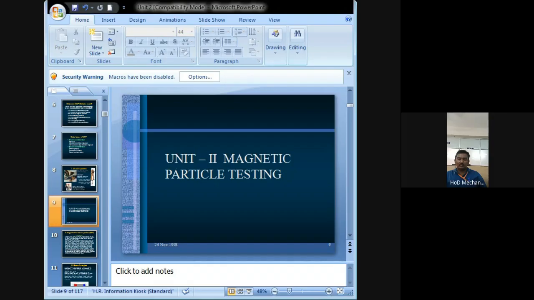And what is meant by electromagnetic induction technique, the definition and principles of the electromagnetic induction method, what are all the instruments used for it, and the applications of electromagnetic induction.